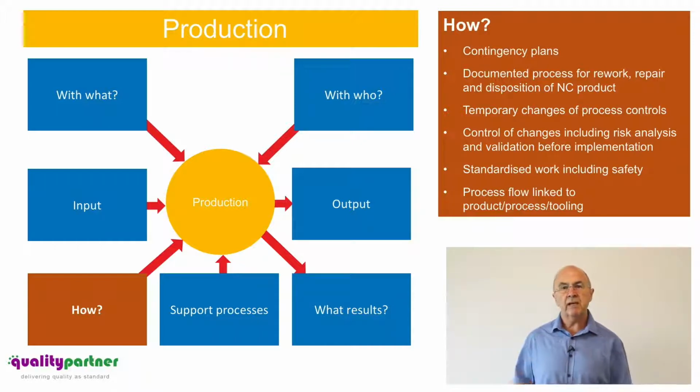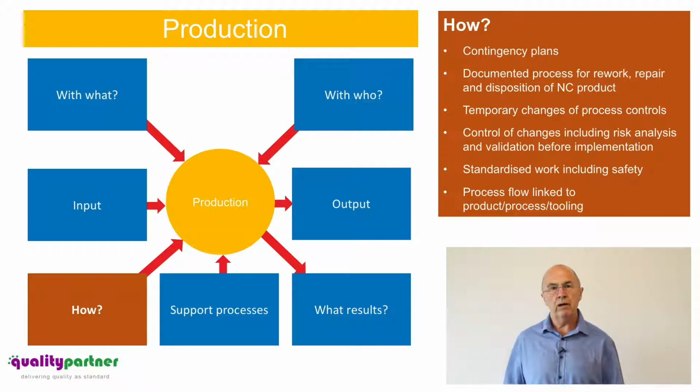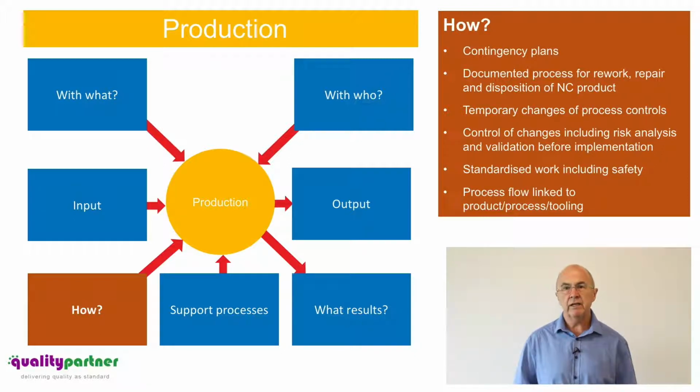And where you're not meeting 100% on-time delivery, go back and ask the question, why? Have we covered the relevant contingency within our contingency plan? And why didn't our contingency plan work to make sure that we can meet the defined customer requirements? So this is a real opportunity to make sure that we have got effective contingency plans.